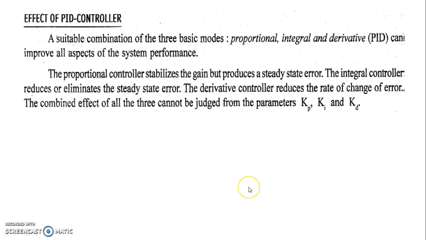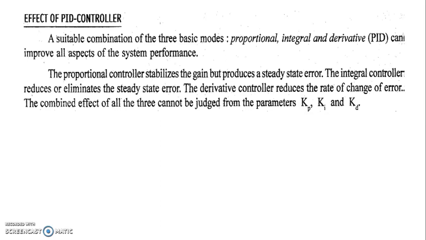And the last one, that is a suitable combination of all three. You can say here the effect of the P plus I plus D controller, that is a proportional plus integral plus derivative controller. A suitable combination of the three basic modes P, I and D can improve all aspects of system performance.